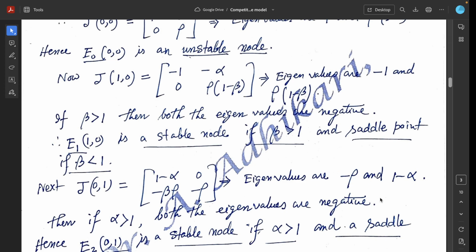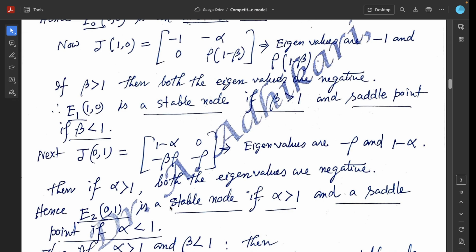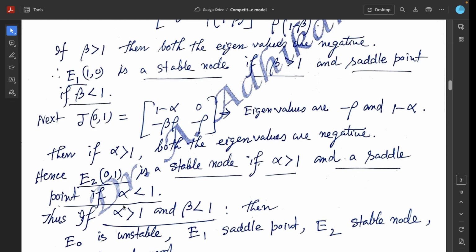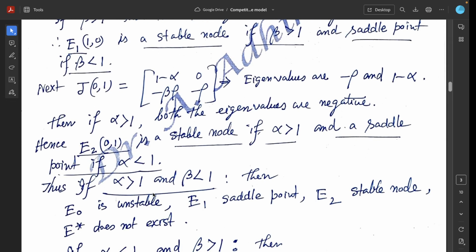So both eigenvalues are negative. So the (0, 1) equilibrium point, that is E2, is a stable node if alpha is greater than 1. And minus rho is negative and 1 minus alpha is positive if alpha is less than 1. Then the E2 (0, 1) equilibrium point is a saddle point for alpha less than 1.